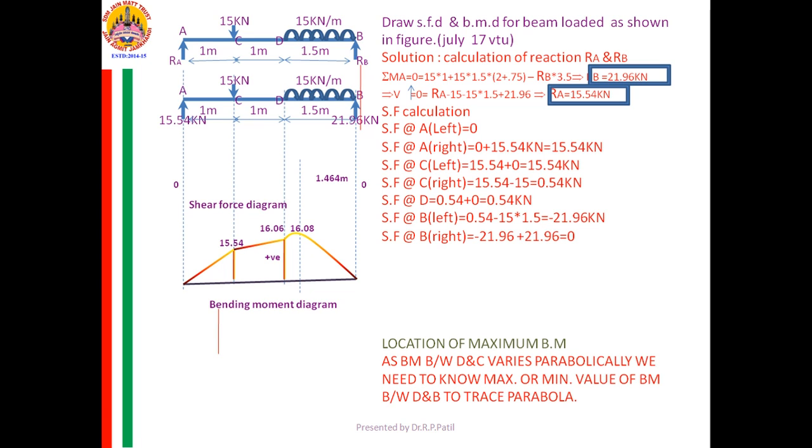No. Okay. Now you see how I am constructing the SF diagram. What he told, first you calculate the SF at important points, then you draw the ordinates of the SF at those points to some scale. You need not write the scale there. It should appear, say one value is 21, other one is 0.54. 0.54 should appear as far less than 21.96.